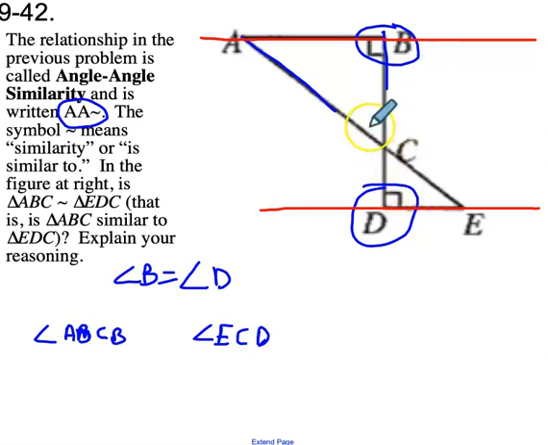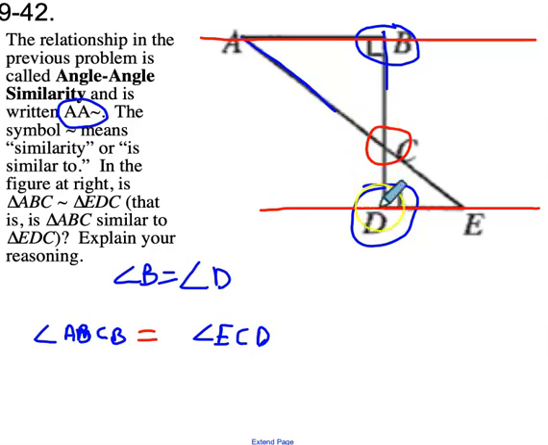So we can start to take a look. What type of angle would this be? If you said it's a vertical angle, you are correct. So we know that these angles are equal. They're vertical angles.